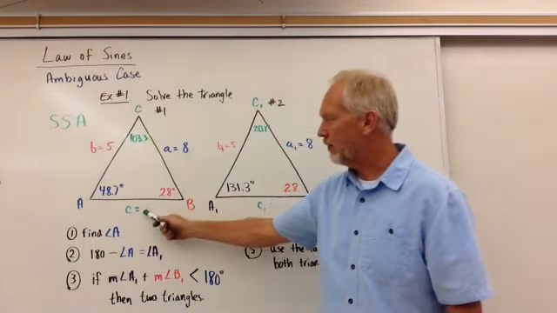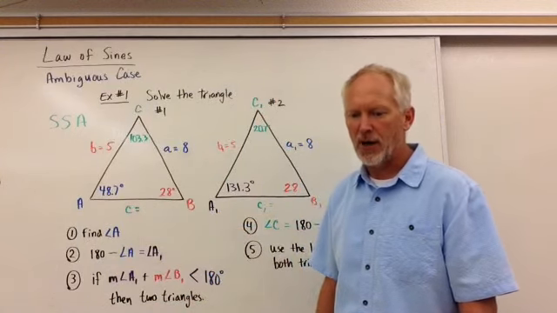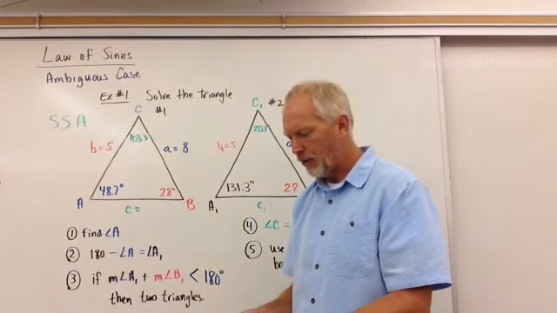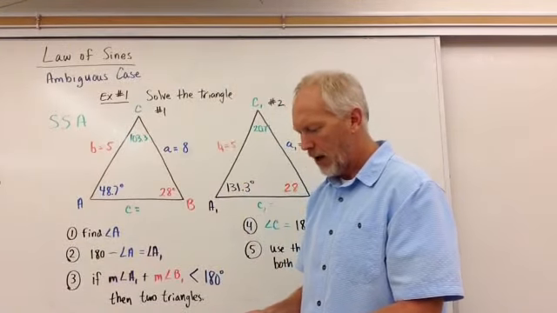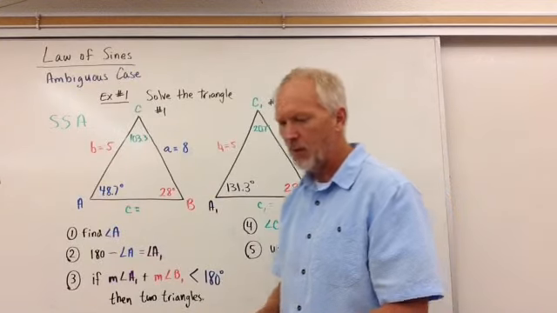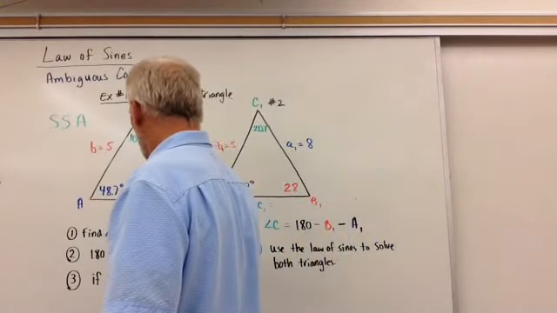And now we just use the law of sines to solve for that C measure as well. We did that once before, and what we got from 5 sine 103.3 over sine 28 was 10.36.